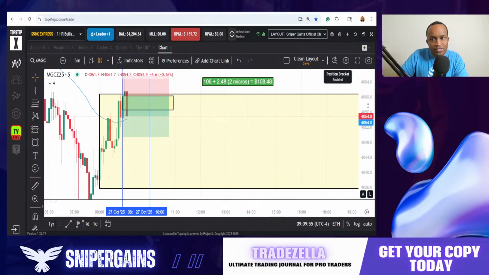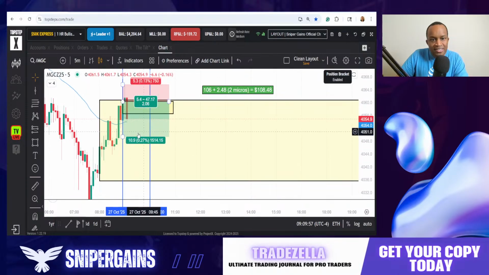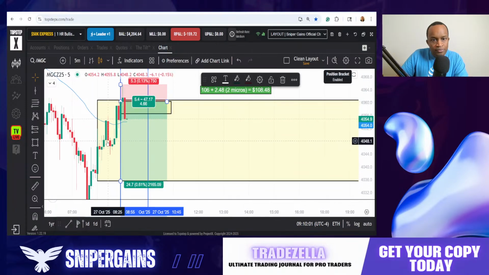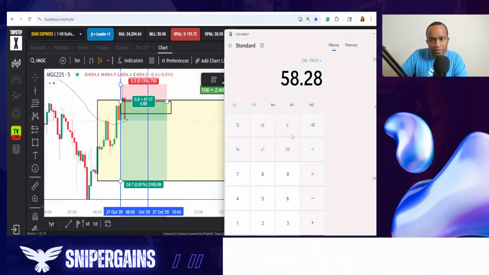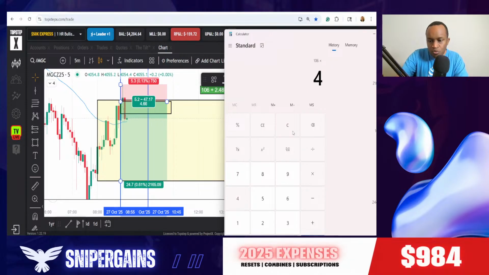Or I could just go for a base hit and go straight up to here for 4.66. And that would be 53, so 53 times 2, and then times 4.66 is 493. In this case, I'm just going to go 493. Because if I do 1 minus 59, you'd be at 334.96, and that's still a winning day.